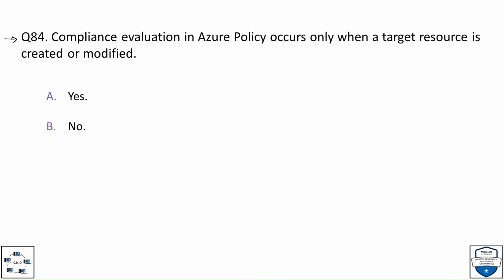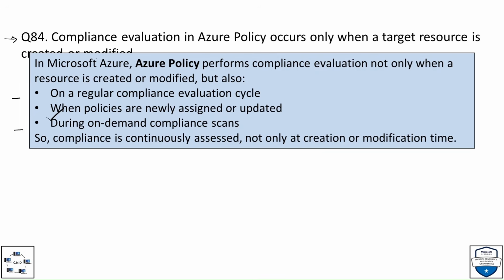Question number 84. Compliance evaluation in Azure Policy occurs only when a target resource is created or modified. The options are option A, yes, and option B, no. And the correct option is option B, no. The explanation is, in Microsoft Azure, Azure Policy performs compliance evaluation not only when a resource is created or modified, but also on a regular compliance evaluation cycle, when policies are newly assigned or updated, and during on-demand compliance scans.